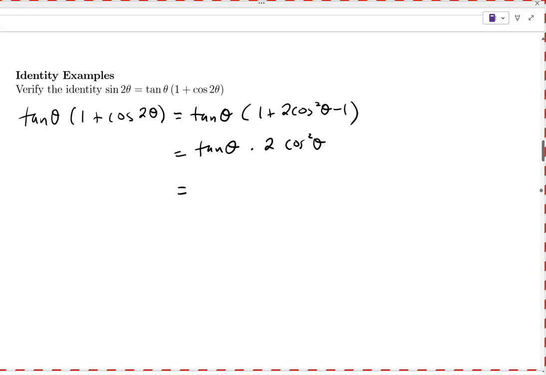Do we do anything with tangent, like make it sine over cosine? Well, if you don't know where else to go, that's what I would do. Let's make the tangent be sine over cosine.